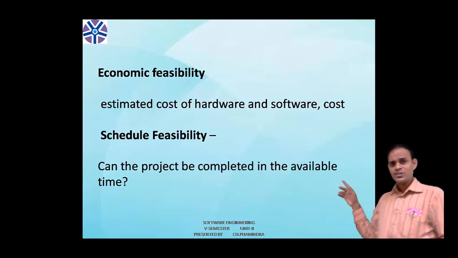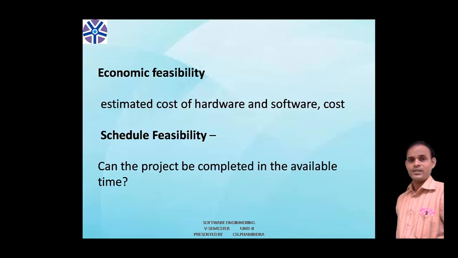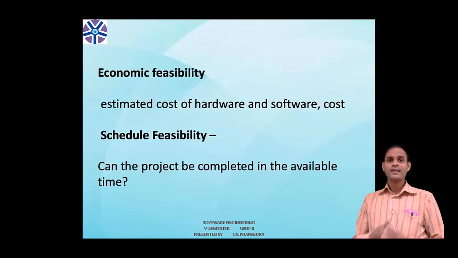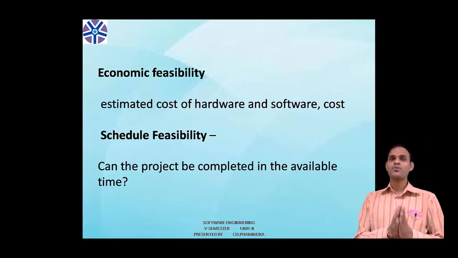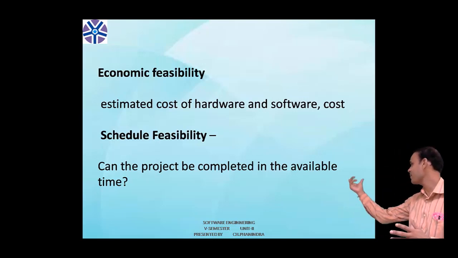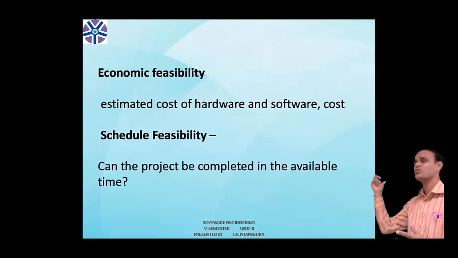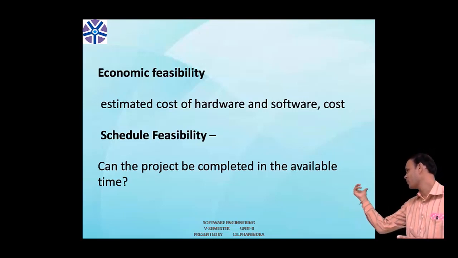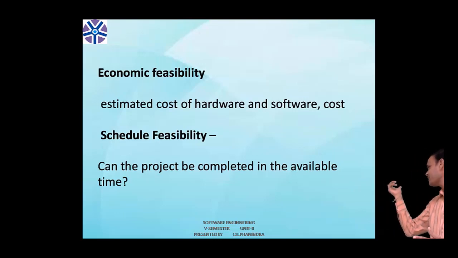Next one, schedule feasibility. Schedule feasibility consists of whether we currently have the time resources to undertake the project. It means what you have to define in the project. For example: this is my project, and I will complete it within 2 weeks. In the first week I will complete one module, and in the second week I will complete the second module.